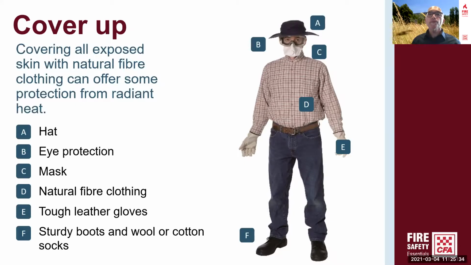It's crucial that if you are caught in a fire situation and you have to seek shelter, that you have elements of clothing that will protect you from that radiant heat, as demonstrated by this slide. It's also crucial that you have in your emergency bag all of these elements of clothing. Should you not have time in the first instance to change into these clothes, you have them available to protect you from radiant heat.